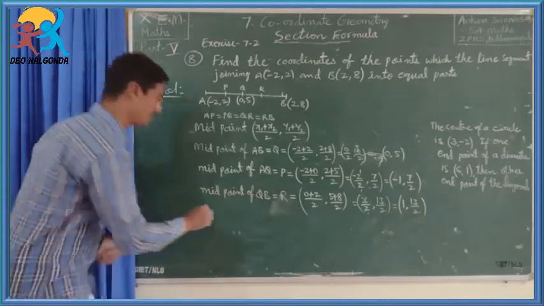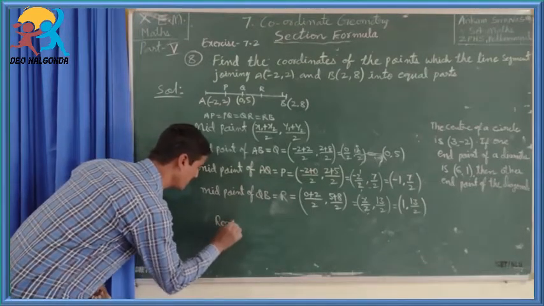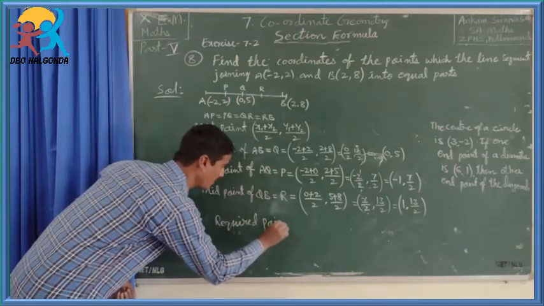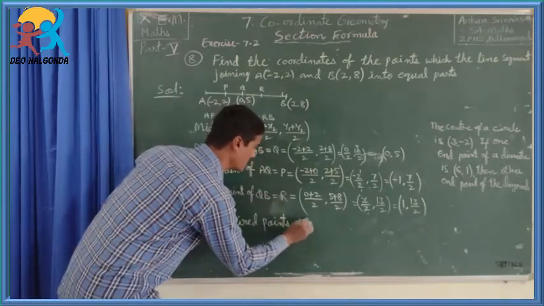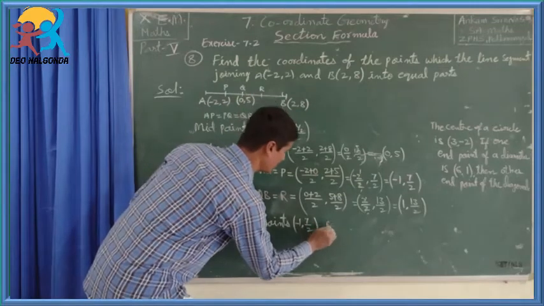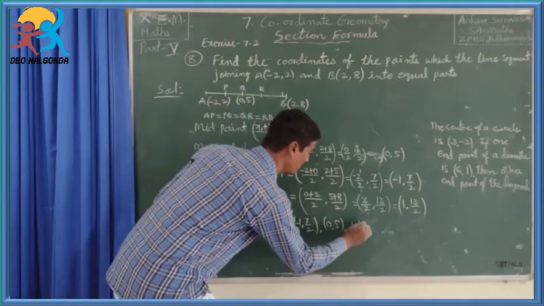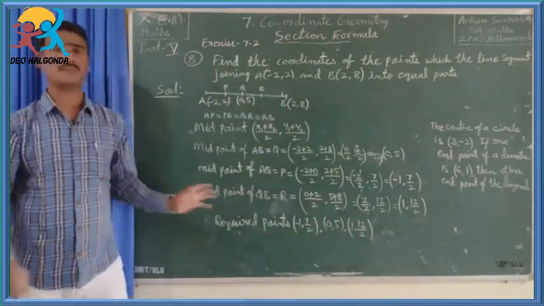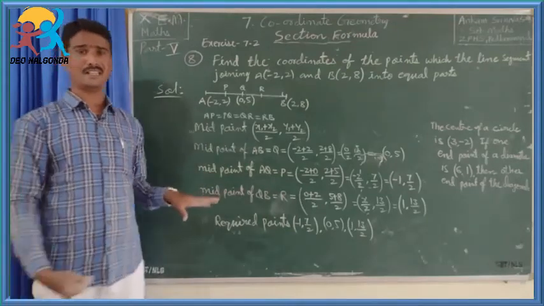So the required points are (-1, 7 by 2), (0, 5), and (1, 13 by 2). So using the midpoint formula, we can solve very easily.